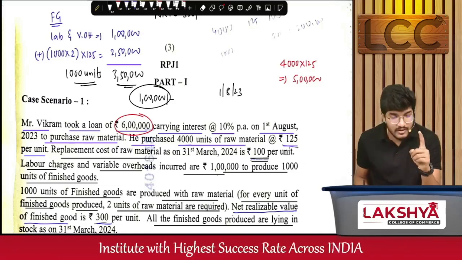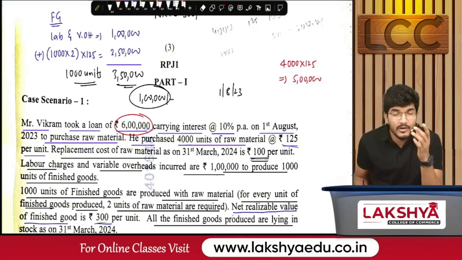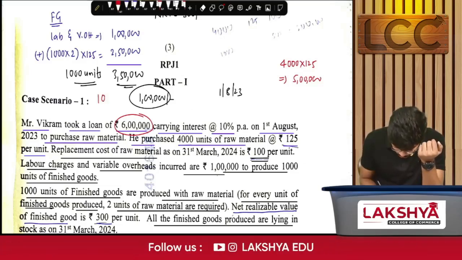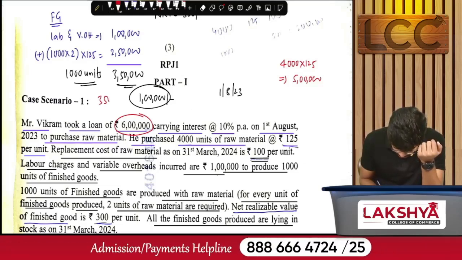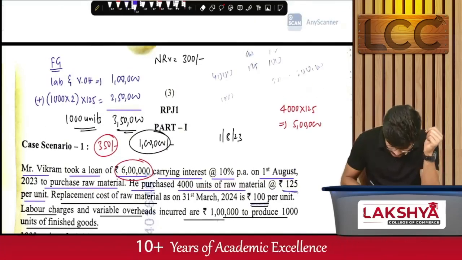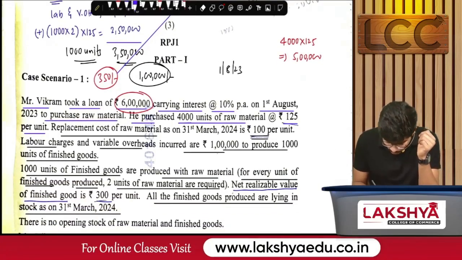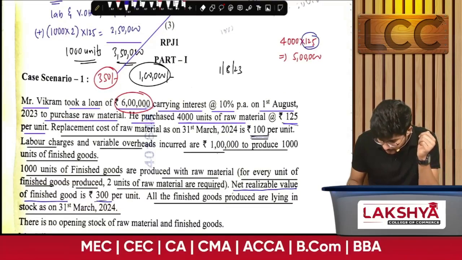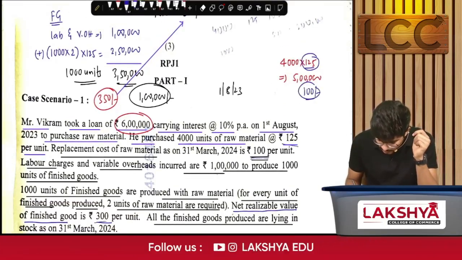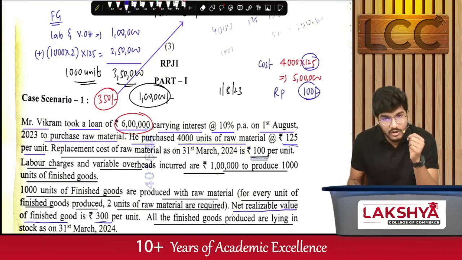Now tell me the cost per unit: 3,50,000 divided by 1000, so cost per finished unit is 350 rupees, and the NRV of the finished good is 300. Next, raw material cost per unit is 125 and raw material replacement price is 100 rupees.